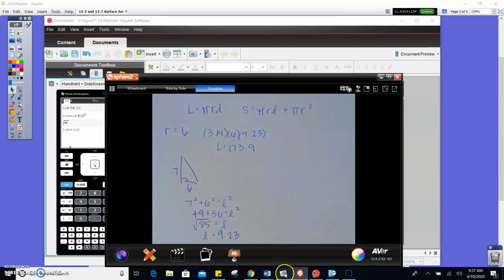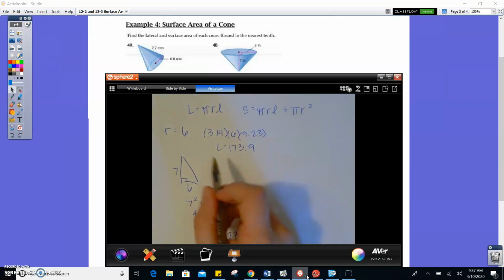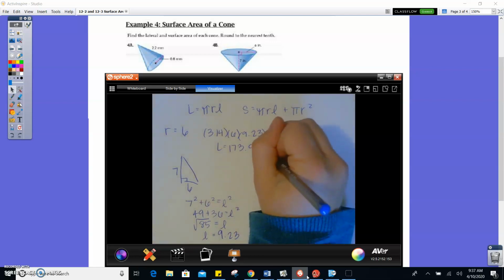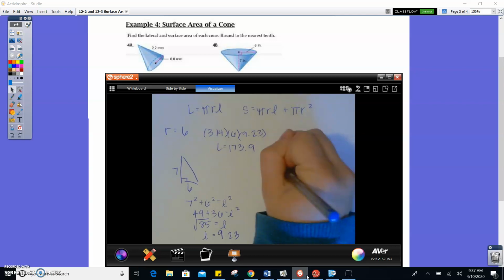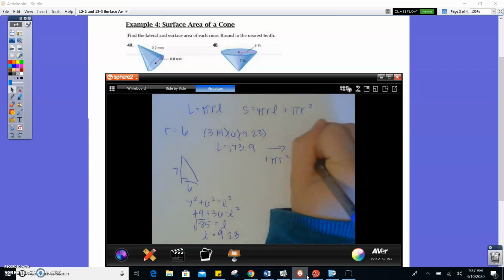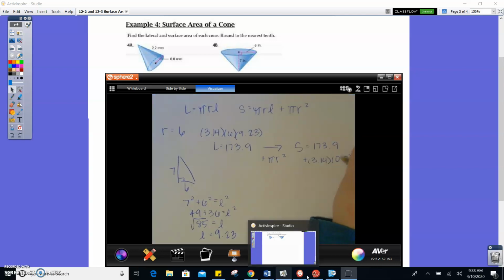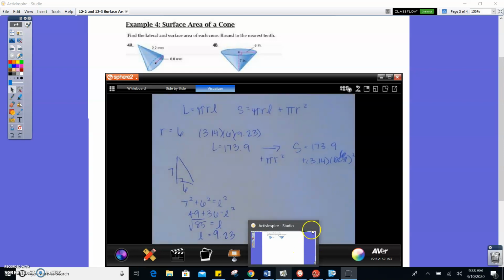So now we just need to find our total. To go from lateral to total, all I do is add in that pi r squared. So adding in our pi r squared to get to total surface area. So I'll take 173.9 and then add in 3.14 times my radius, which I know is 6 squared.